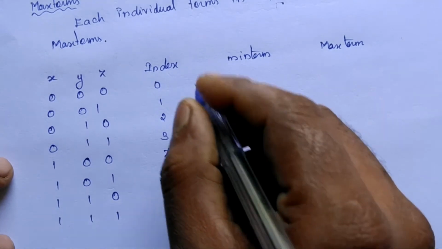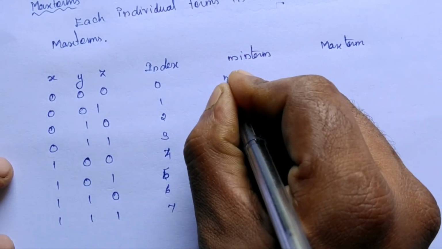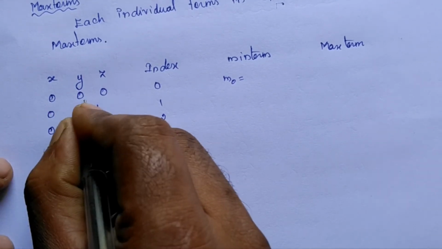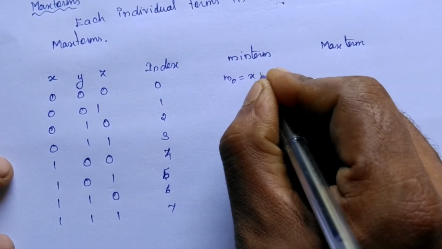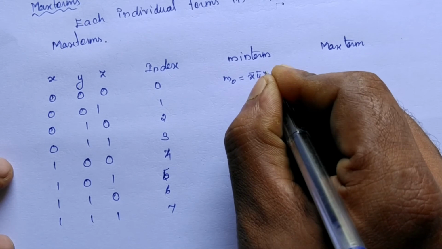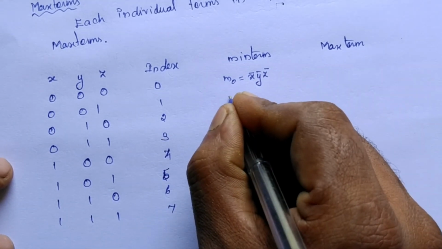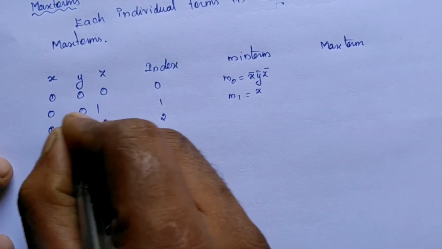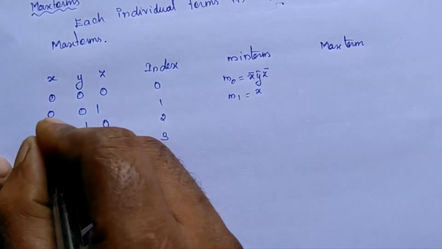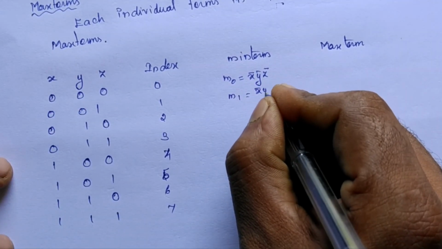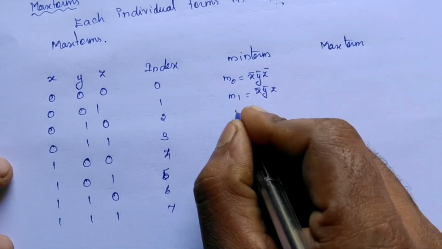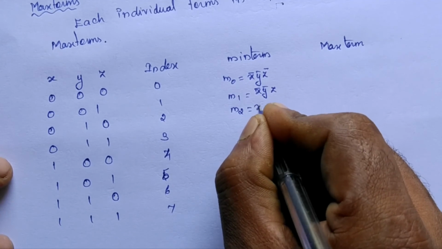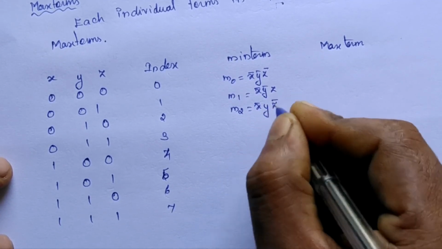So the min terms will be represented as small m. m0 is equivalent to x bar, y bar, z bar. So m1 is equal to 001, therefore x bar, y bar and z. Then m2, x bar, y, z bar.